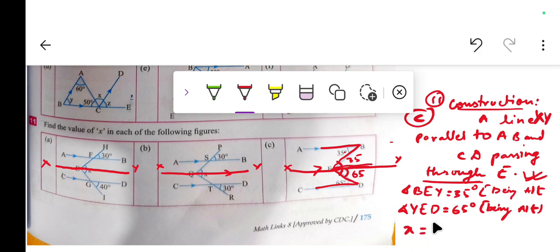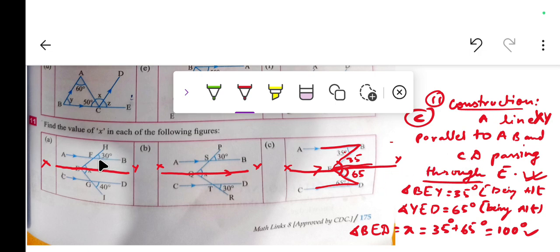So we got both, and we know x is equal to both the angles added, 35 plus 65 degree, that is equal to 100 degree, by the whole part axiom. Or you can write angle BED is equal to x, and that is equal to 35 plus 65. So this is the whole process for solving question number 11.